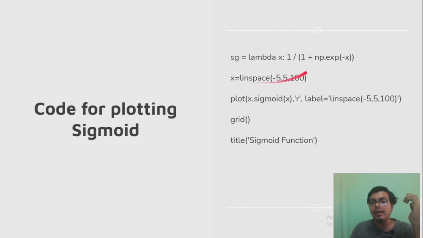Then I've created a numpy array of 100 values in our active range of minus 5 to 5, passed it to my sigmoid function, and then created a plot of it. This would give you a beautiful sigmoid function.